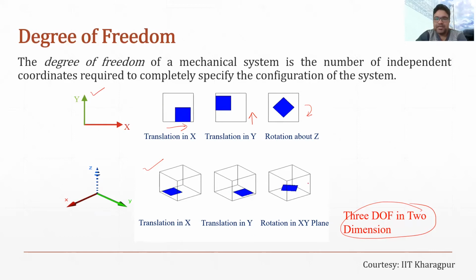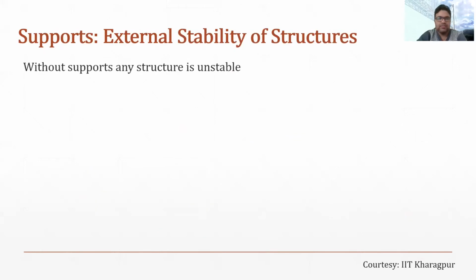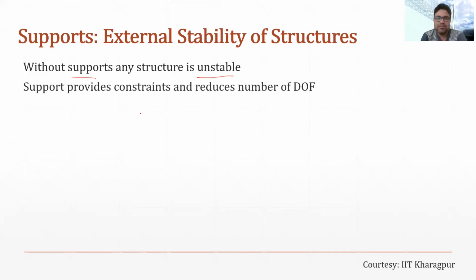Now to stop these movements, what we do is we provide supports. Without providing supports, the structure would be unstable. If the movement that I have shown in the previous 2 slides occurs, then our structure will not be in equilibrium. So to get our structure in equilibrium, we have to constrain those movements, and for constraining those movements, we provide supports. What a support does is it provides the constraints and reduces the number of degrees of freedom.